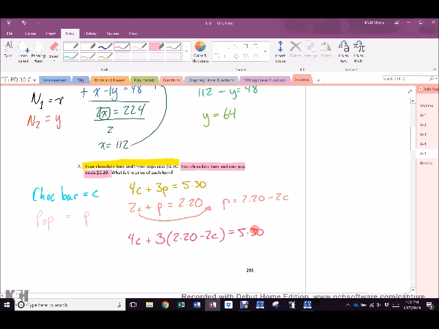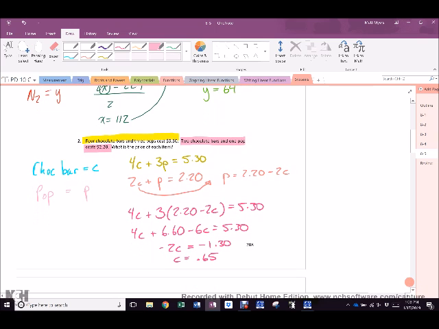Decimals scare me, but they shouldn't. 4C plus 6.60 minus 6C equals 5.30. Negative 2C equals negative 1.30. C equals 0.65, which shows you how old these questions are because a chocolate bar has not been 65 cents for quite some time.